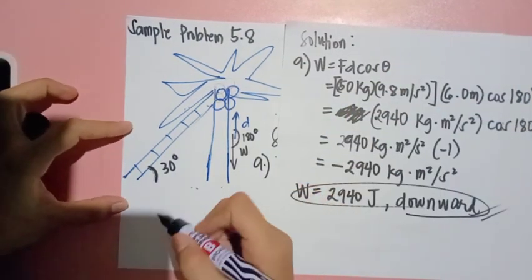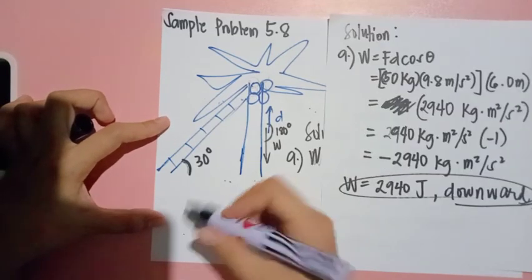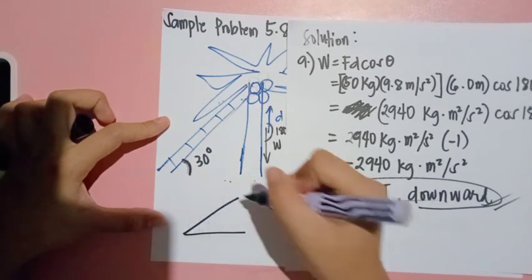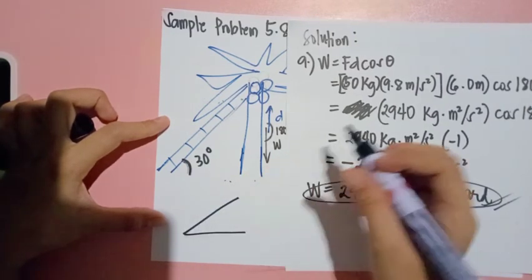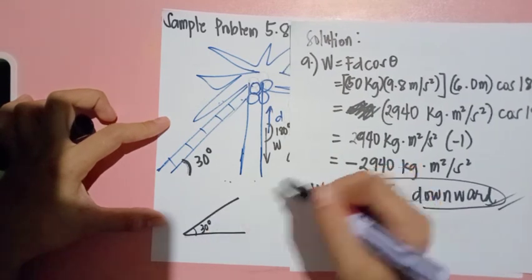But anyway, we can have it again here. So this is the inclined plane, the ladder. Our angle is 30 degrees.